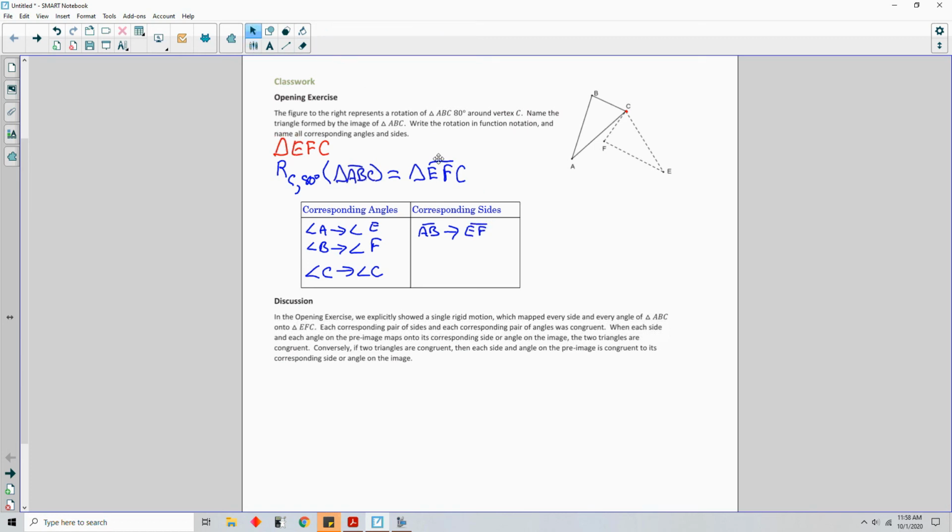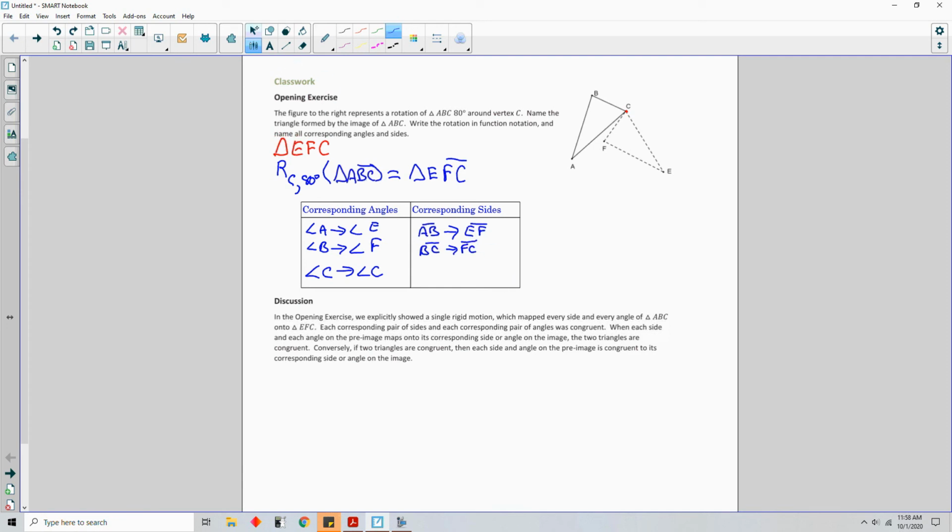Okay, and then if I go to BC, I'm drawing the line over B and C, then it'd be the last two over here. So BC corresponds to FC.